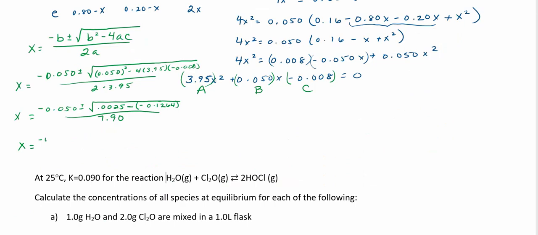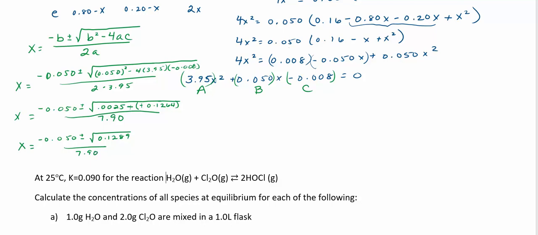So now let's take it another step. My x is equal to this value plus or minus the square root of 0.0025. So when I subtract a negative, they cancel out and I am adding 0.1264. So underneath the square root, I have a positive value of 0.1289, all divided by 7.90.